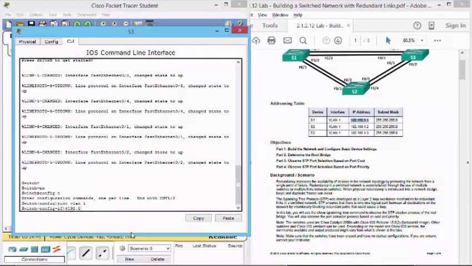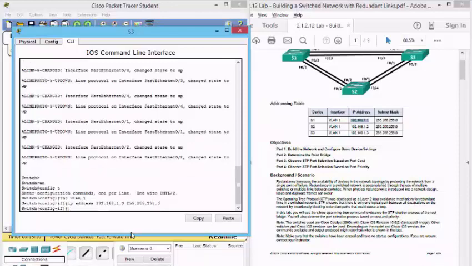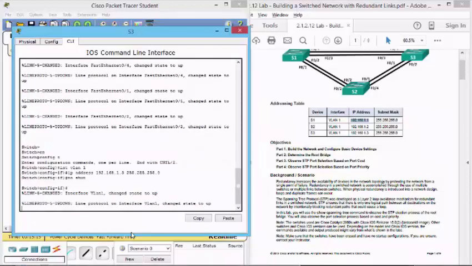Oh, we didn't put the IP address command. IP address 192.168.1.3, 255.255.255.0, and then no shut. Now all the VLAN interfaces are up.